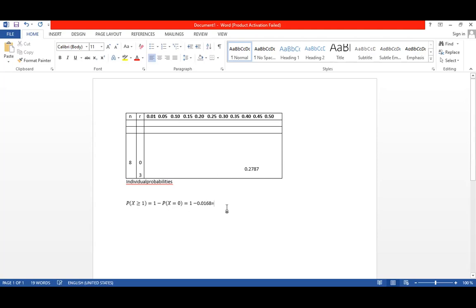Now, there is a moment where we need to sum up. What does the title of that table read? On page 45: Binomial probability distribution. Good. Cumulative binomial probabilities.